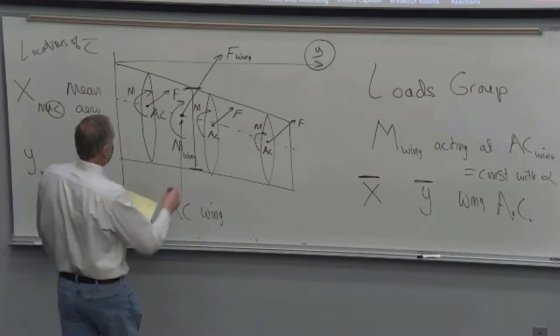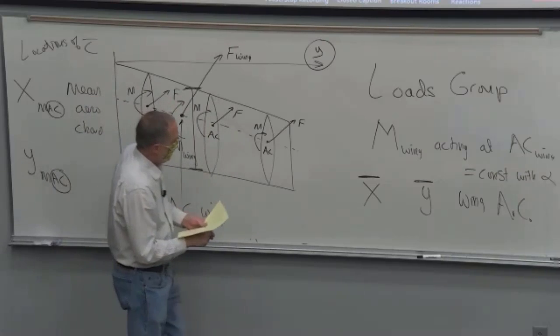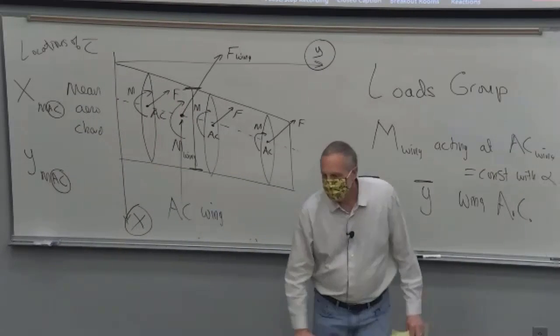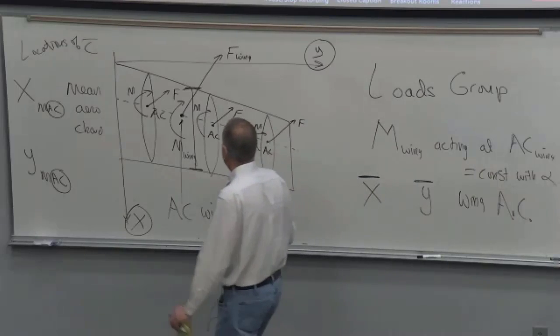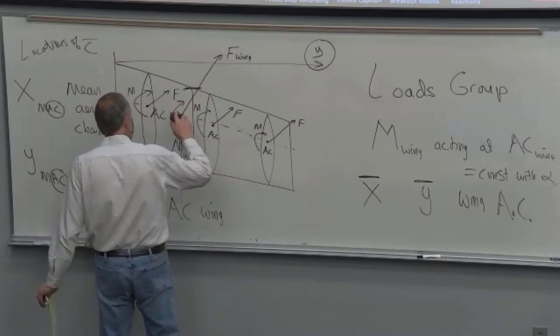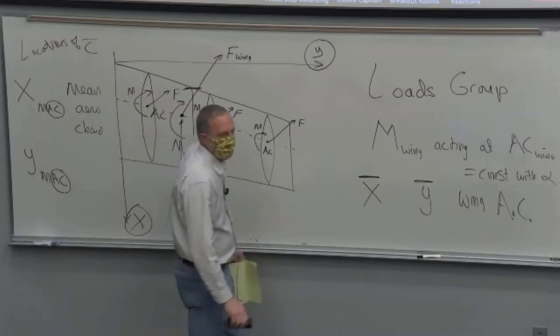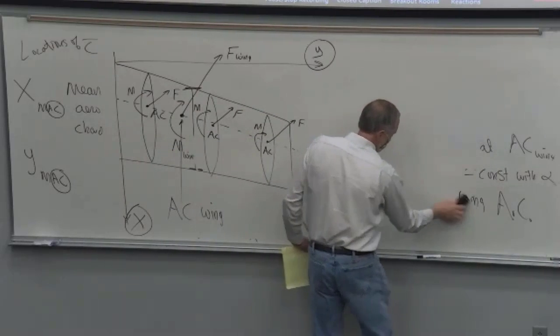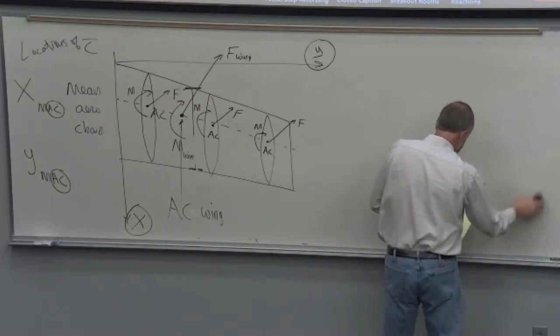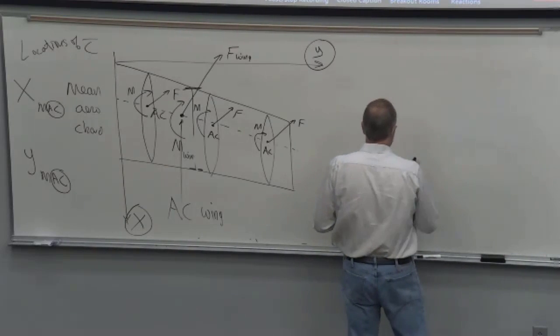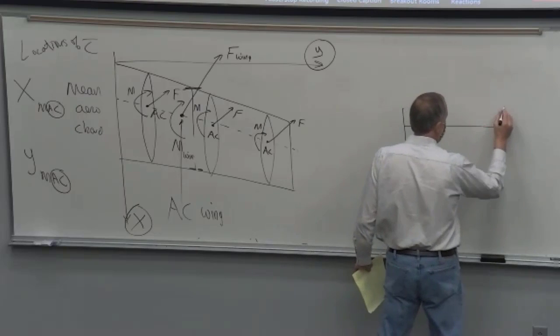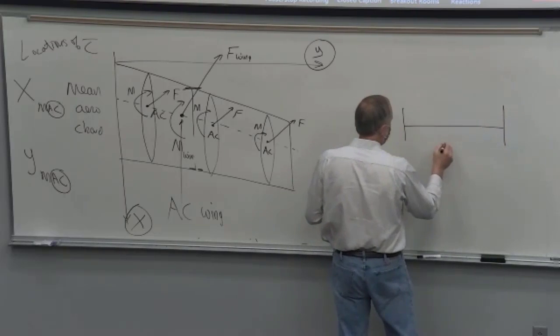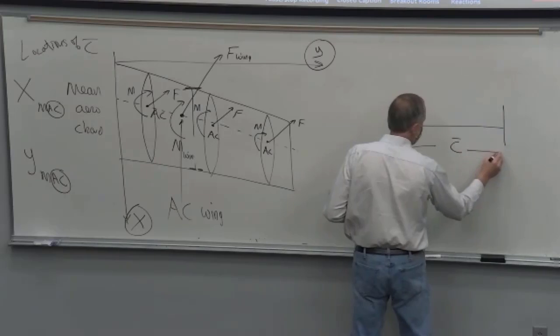All right, so once you have this thing all resolved, then we don't have to draw all this stuff anymore. We simply draw C bar through the aerodynamic center and show the forces and moments on that. So a side view of our airplane now is going to look like this. So this is the mean chord. You just draw that.